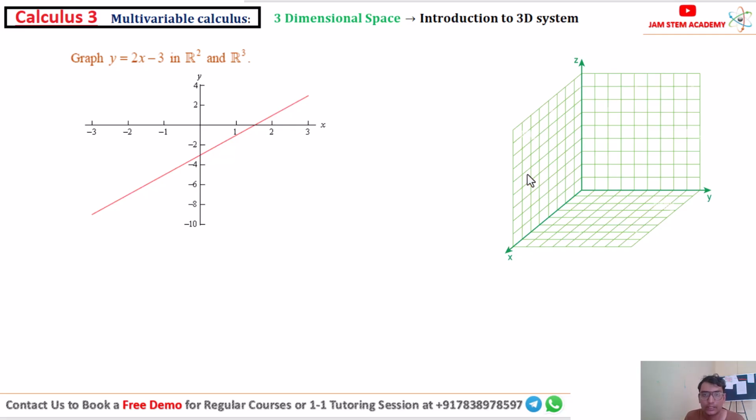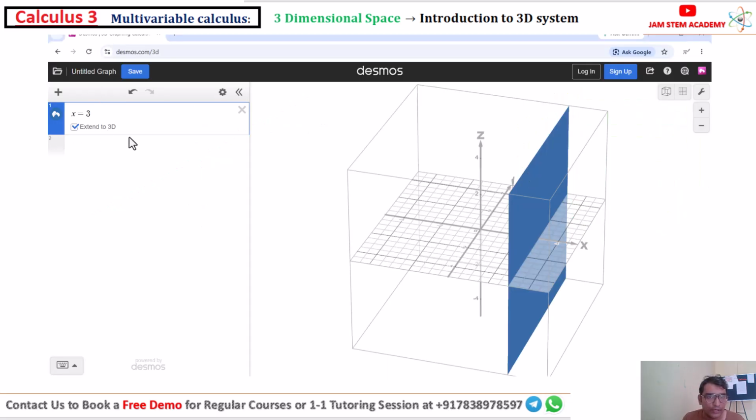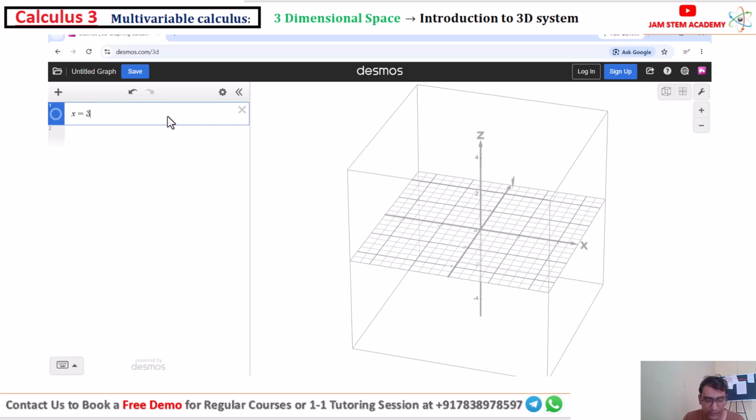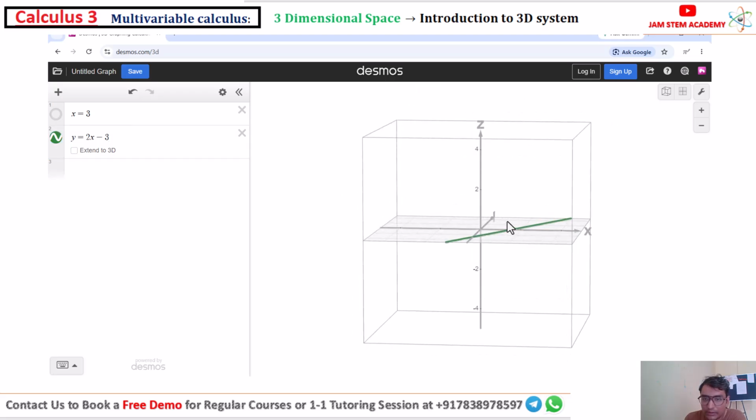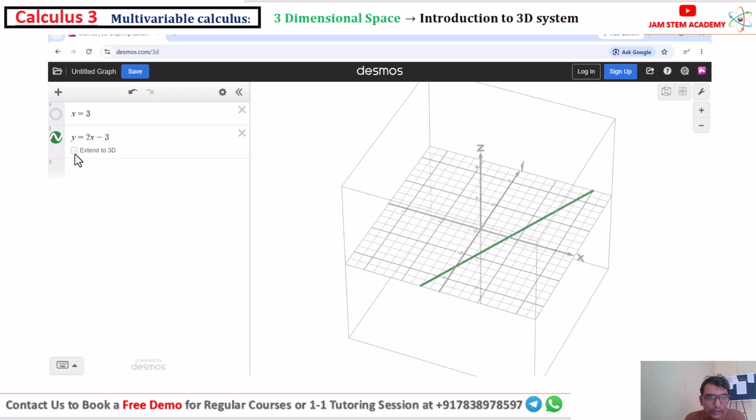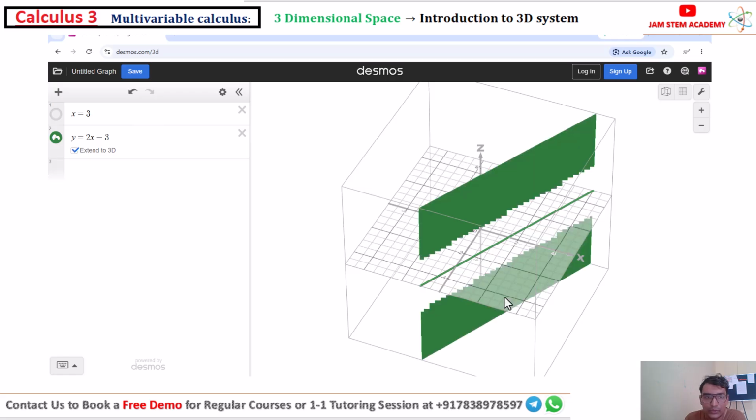Now let me show you on Desmos. Over here, let's say we have another equation y equals 2x minus 3. In 2D it is a straight line, and in 3D, what is that? Generalize that, so you will get a plane.